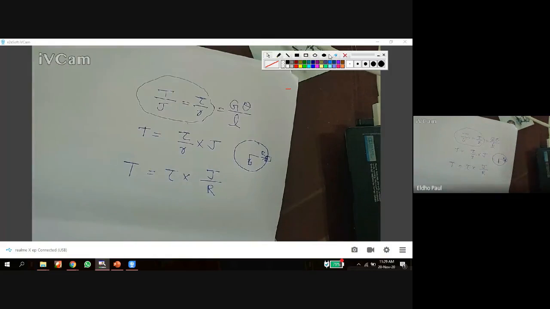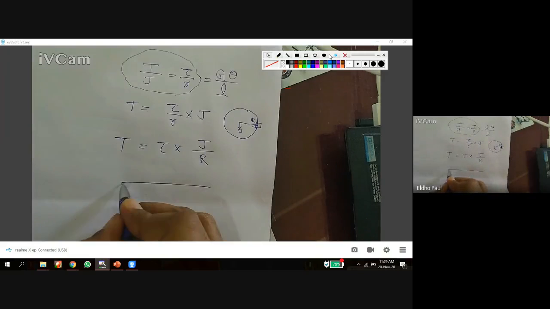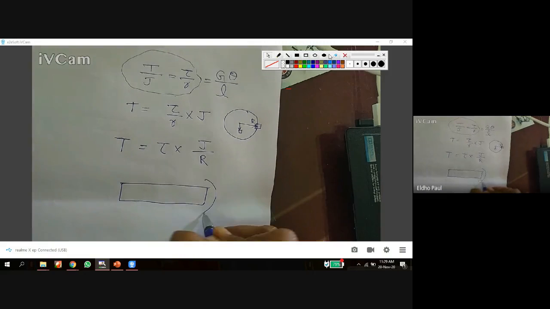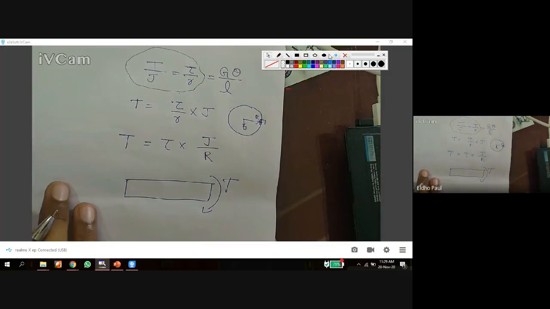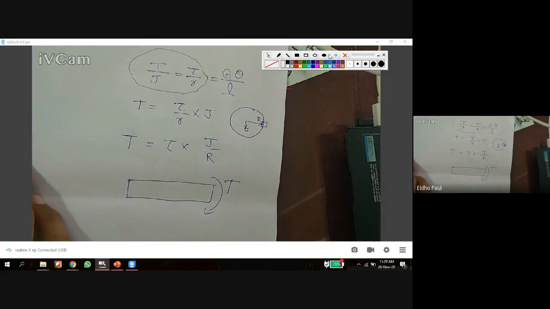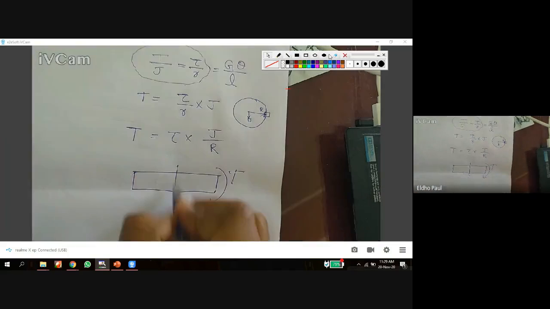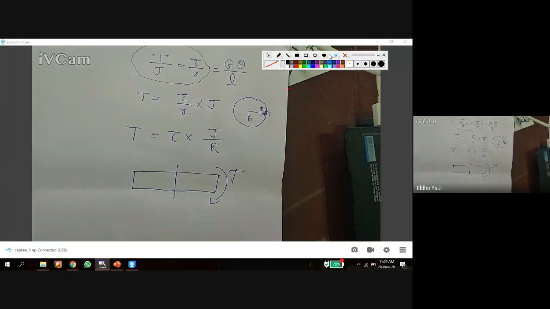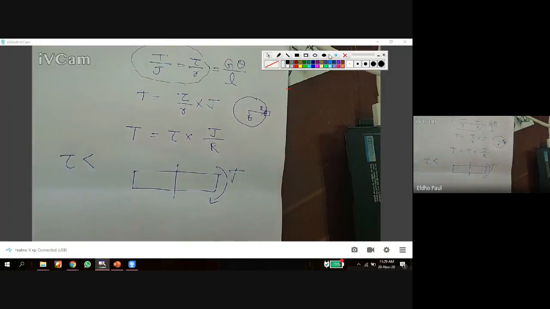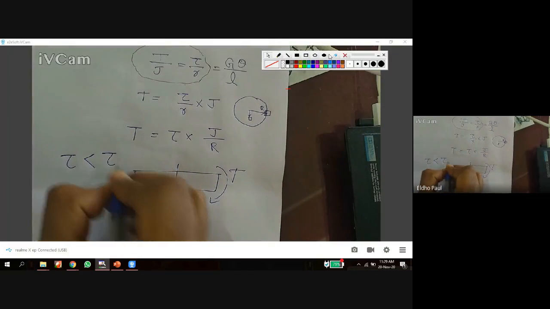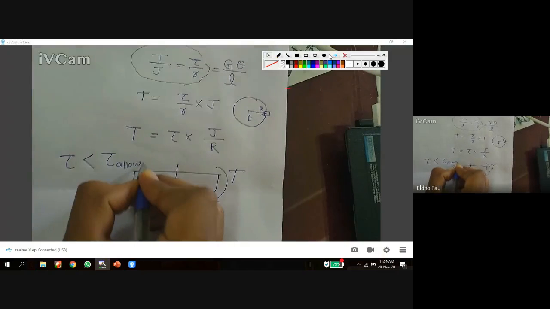What is our aim? When a shaft is subjected to torsion, while designing, our aim is that across any cross section, this tau value should be less than the allowable shear stress of the material.